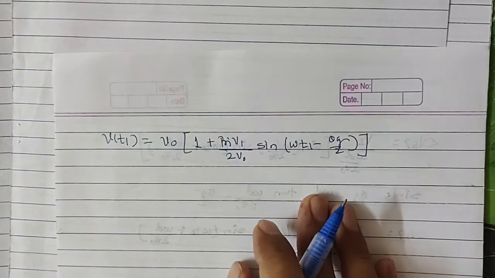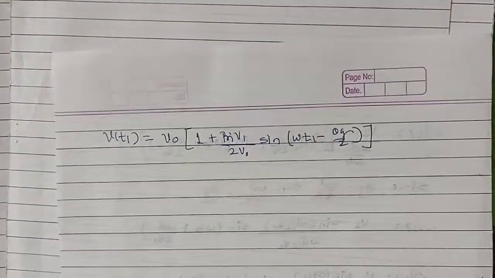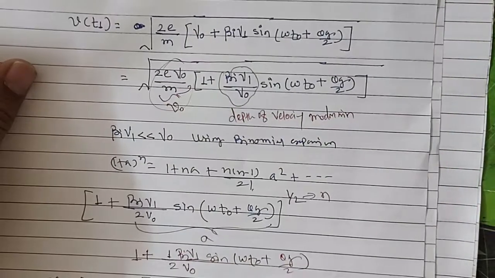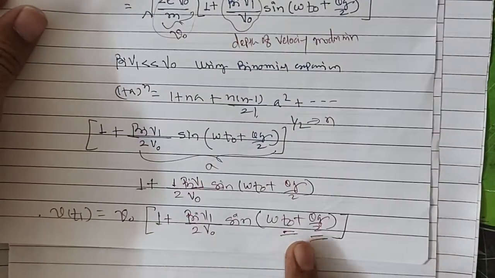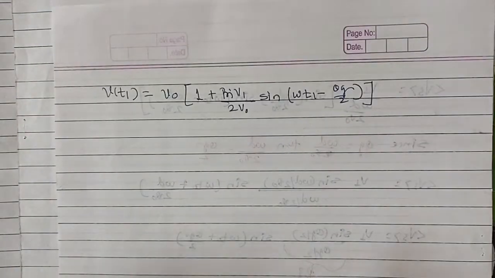So both forms of velocity modulation are possible. One is in the form of T0 and theta G, and the other is in the form of T1 and theta G. So this is what we have obtained for velocity modulation.